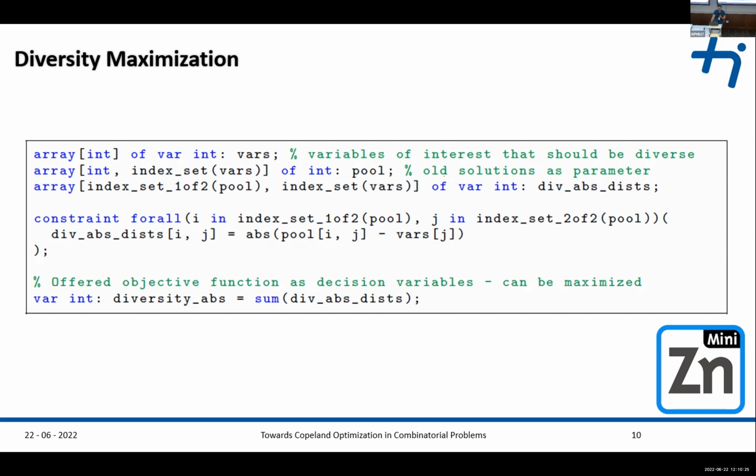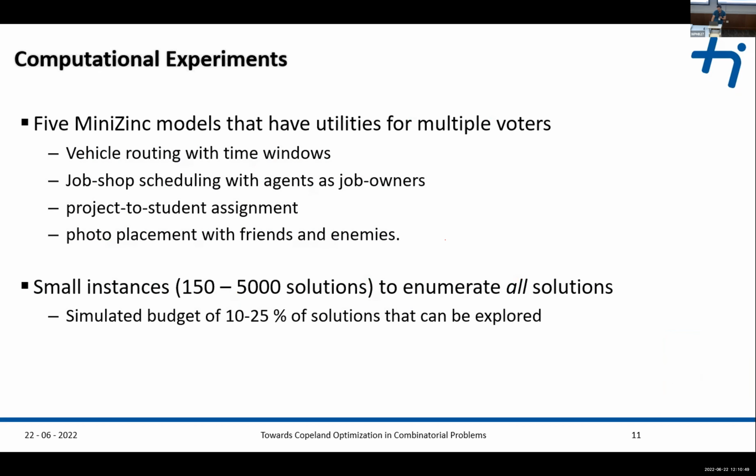We tried to maximize diversity by simply asking for the next solutions to have a high summed absolute distance to the previous solutions, which is generic, but as it turned out, didn't capture the nature of diversity in terms of the objective values quite enough. But we gave it a shot nevertheless.